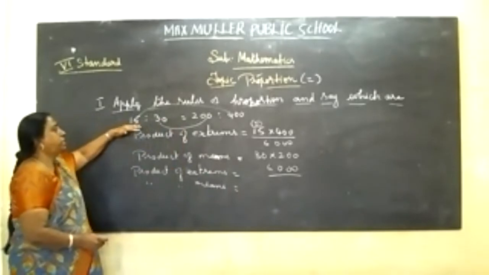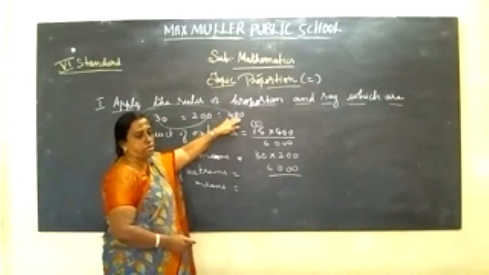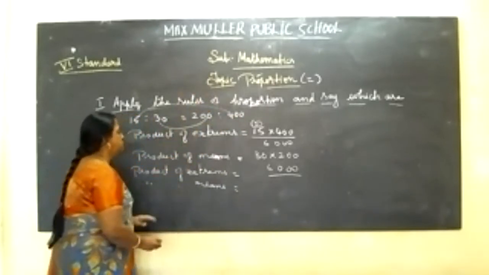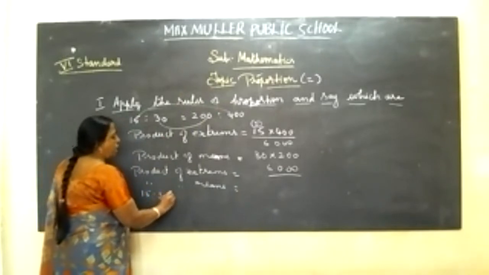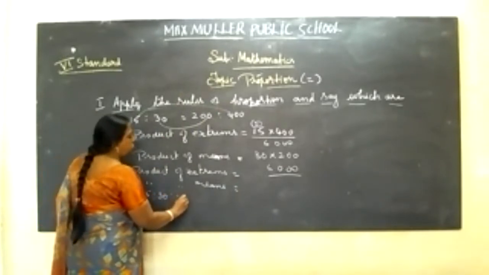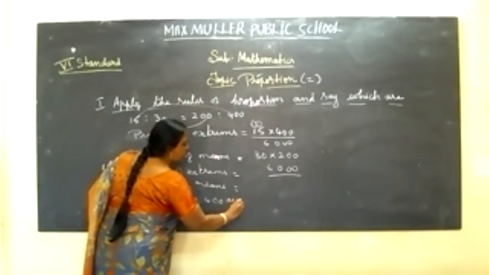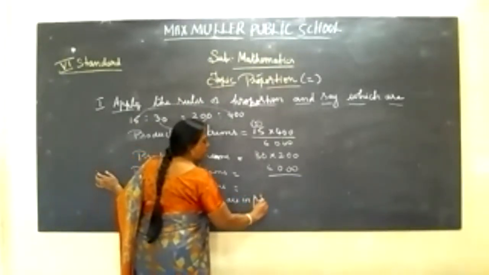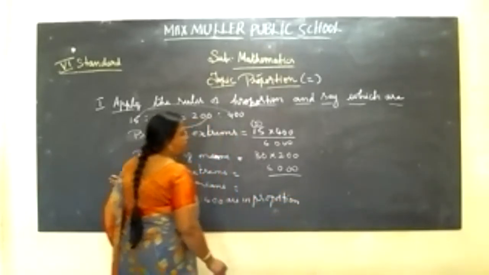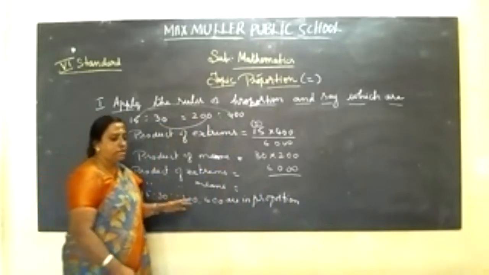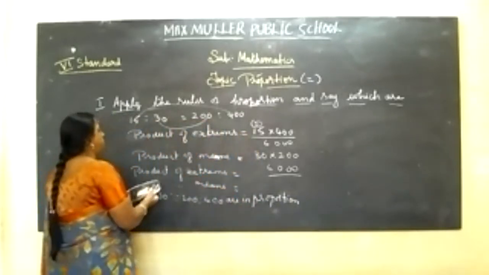Since 15 is to 30 and 200 is to 400 are in proportion. Clear now? If products are not equal, they are not in proportion. But here they are equal, so they are in proportion.